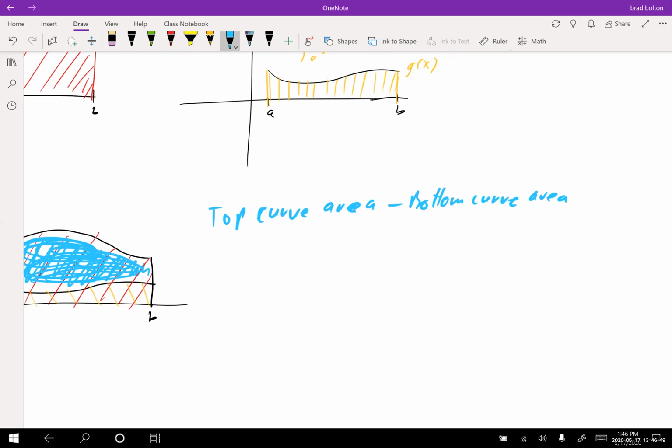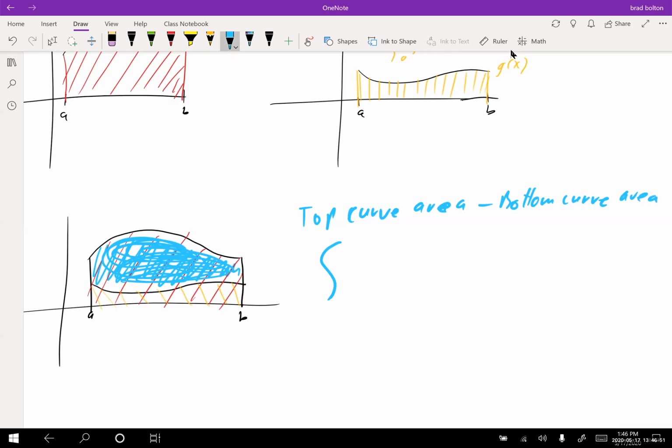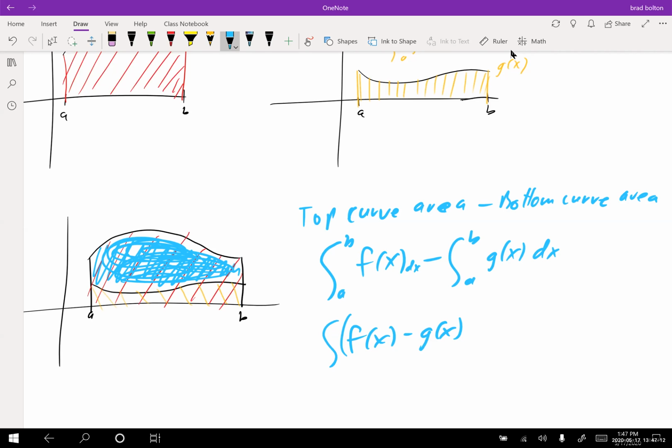But in calculus terms, that means we're going to do the integral from A to B of the bigger curve, f of x dx, minus the integral from A to B of the little curve, g of x dx. And you could just go from there, but a lot of times we like to combine them and say the integral from A to B of f of x minus g of x dx. So this is kind of the idea we're working with.